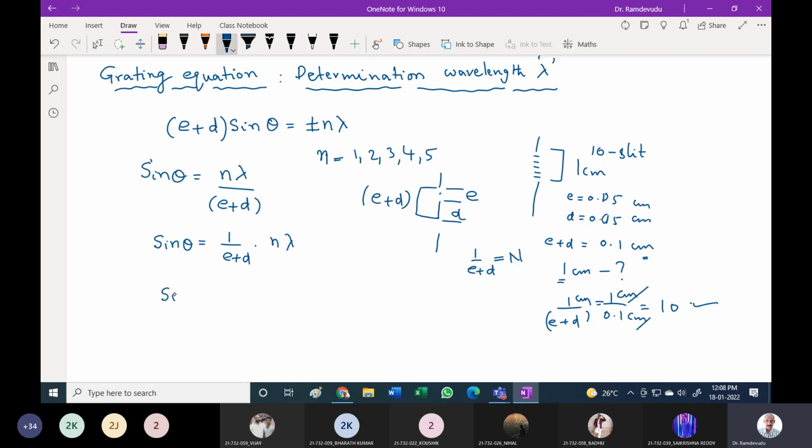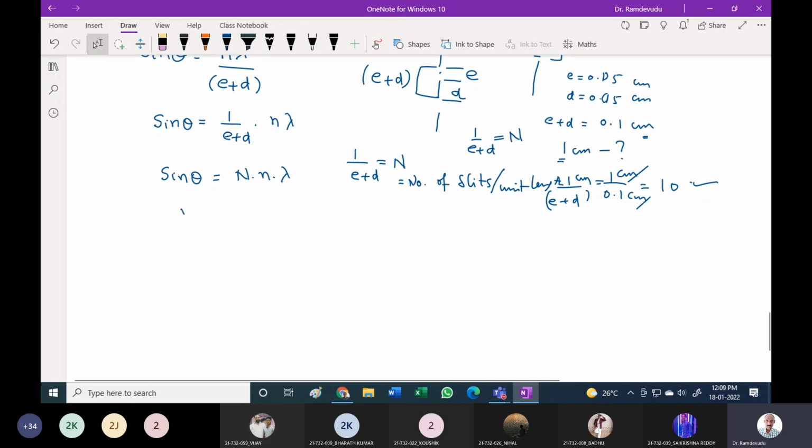I write here sine theta is equal to n into lambda, where I put 1 by e plus d, the grating element, as capital N, the number of slits per unit length. So thereby I write this formula: lambda is equal to sine theta by n into N. This is the formula you have used.